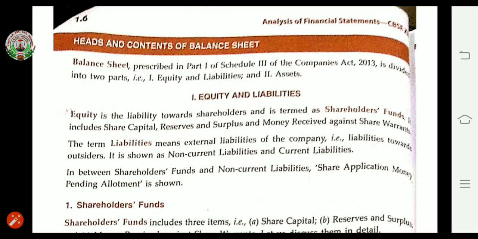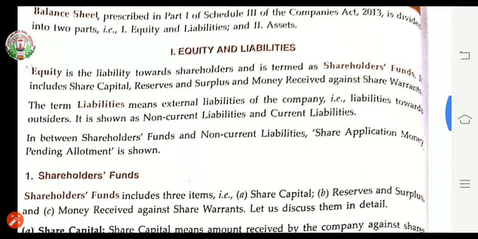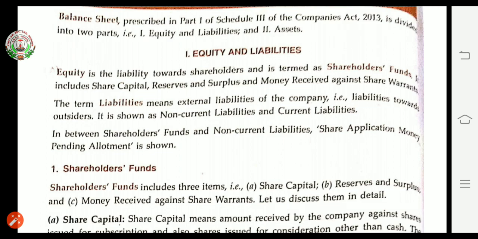The second is liabilities. The term liability means external liability of the company, meaning the company is liable to pay the persons or parties outside the company. These are called external liabilities, the liabilities toward outsiders. They are shown as non-current liabilities and current liabilities.